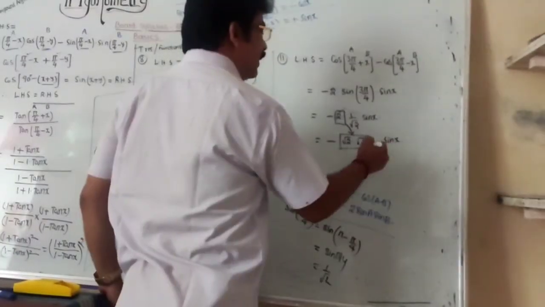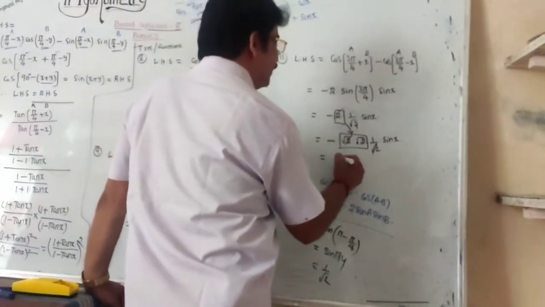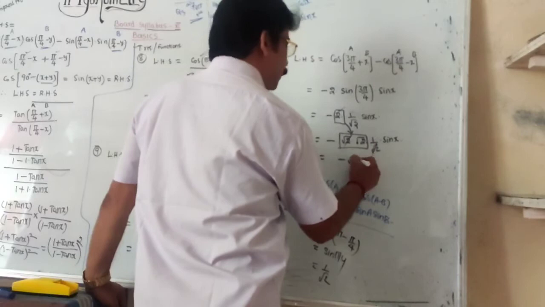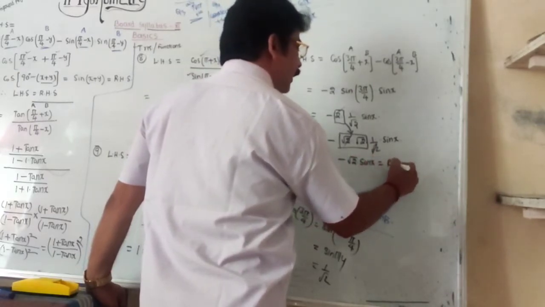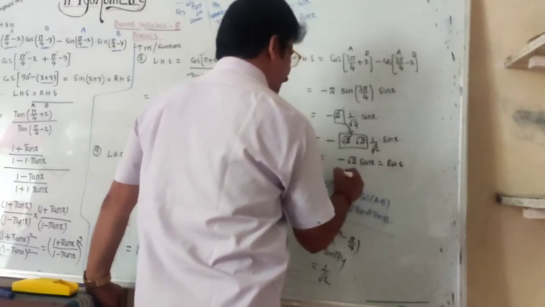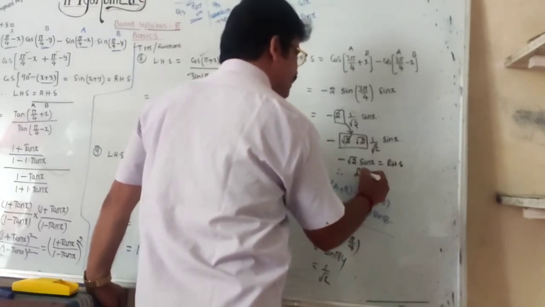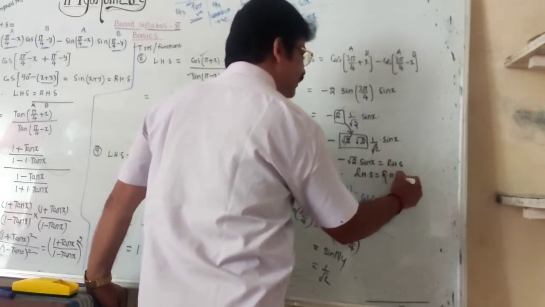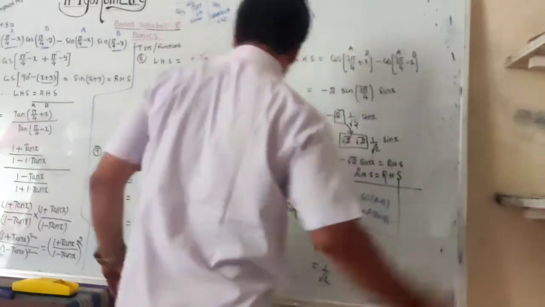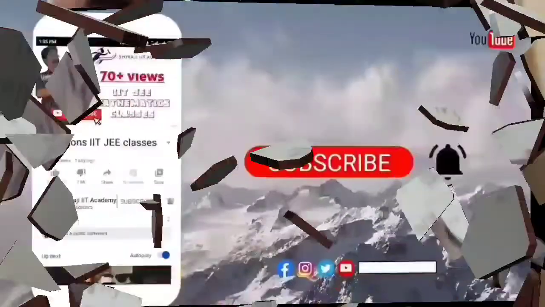Thus, 1 by root 2 cancelled. It means minus root 2 sin x, that is equal to RHS. So therefore LHS equals RHS. Hence proved.